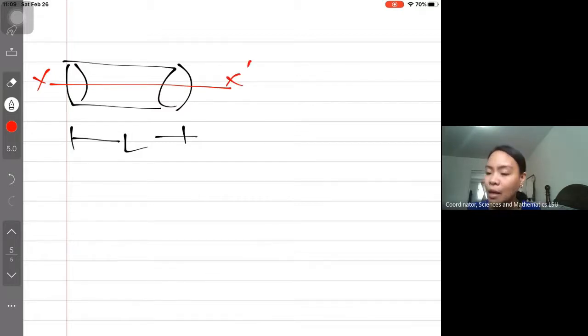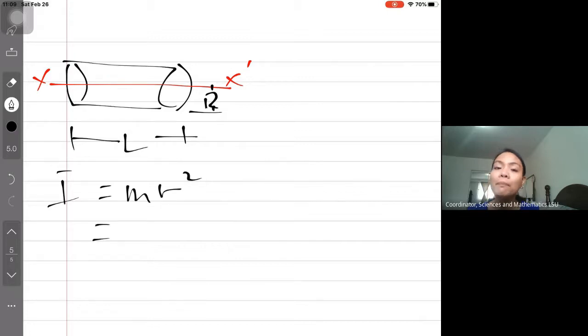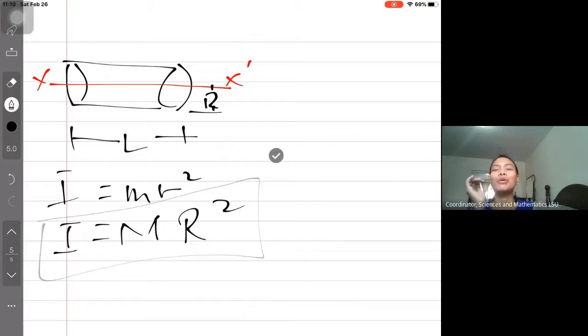Our radius is between the axis of rotation and the side of our cylinder. We are going to ask what will be the moment of inertia. So I is equal to mr squared. Our mass is given as capital M, and our radius as capital R squared. So that's just it. That is our moment of inertia.